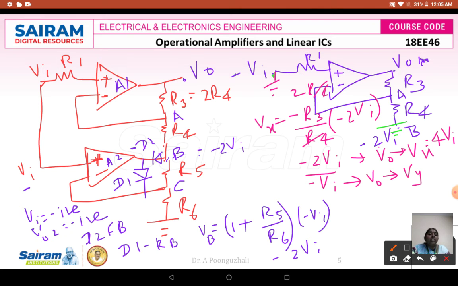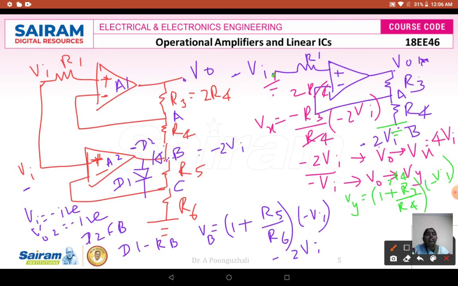Non-inverting amplifier means my Vy can be written as 1 plus your feedback resistance R3, and your input resistance is going to be R4, into your input voltage, which is here minus Vi. So that means that your R3 is nothing but 2 times of your R4.